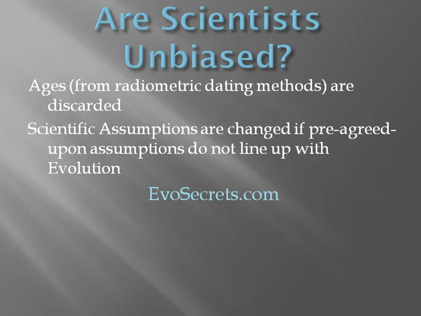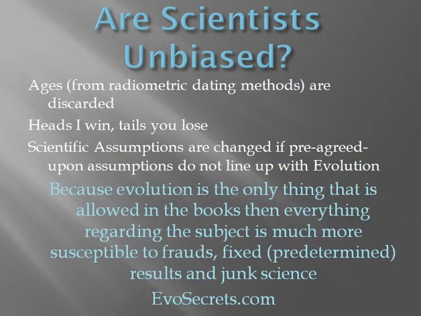So something has to change every time in order to show that evolution is true. And that's what becomes a heads I win, tails you lose situation. There is nothing so far that we can find that evolutionists will agree upon that will disprove their theory.